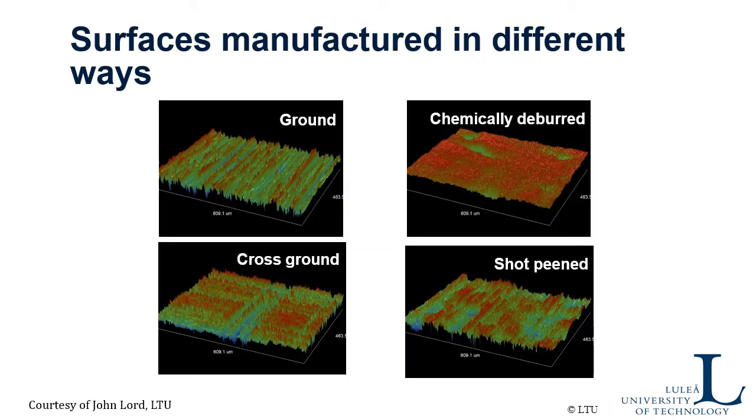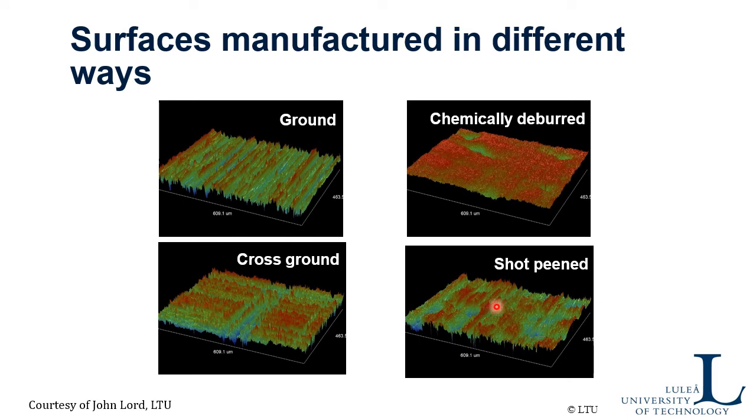A few words also about the surface finishing techniques and how they influence the parameters. Here you have 4 different types of surfaces: a ground surface, a cross ground, so you have 2 lays here, in both directions, and this one is shot peen.